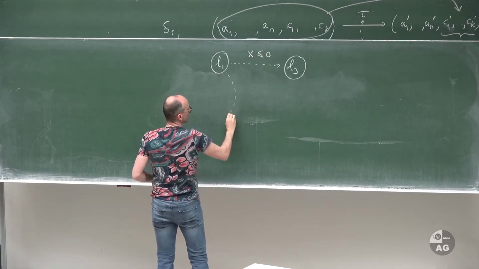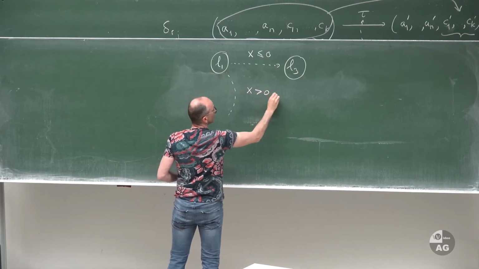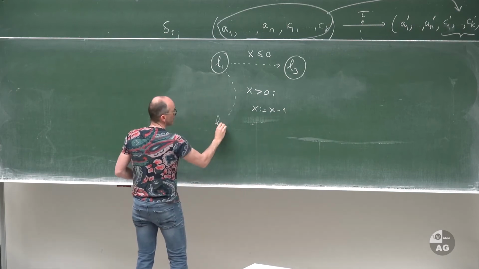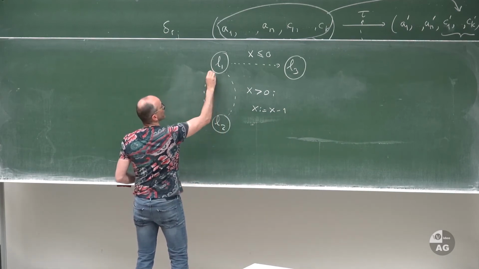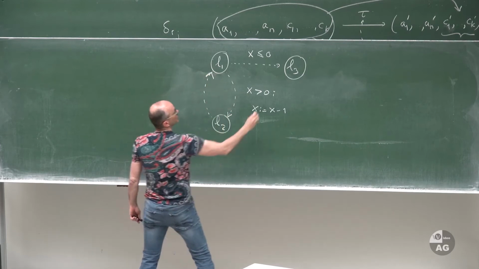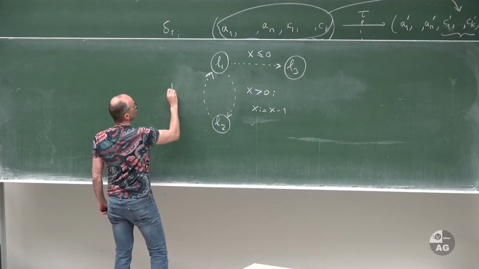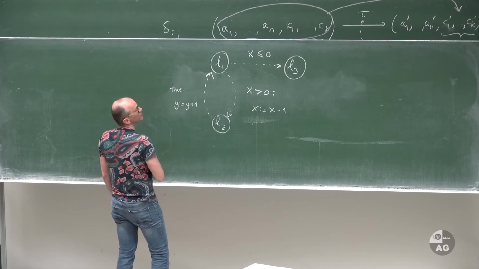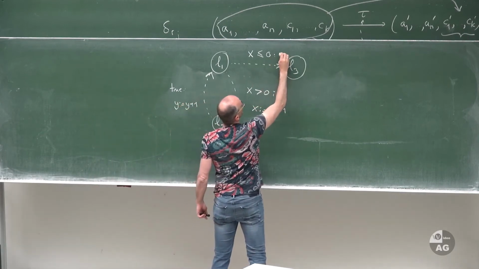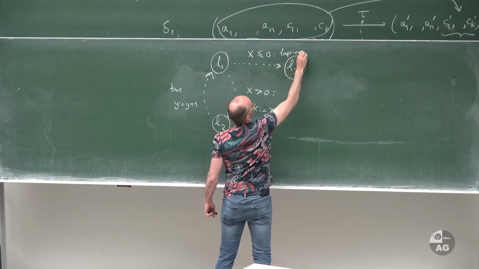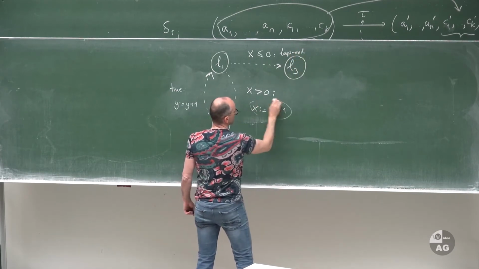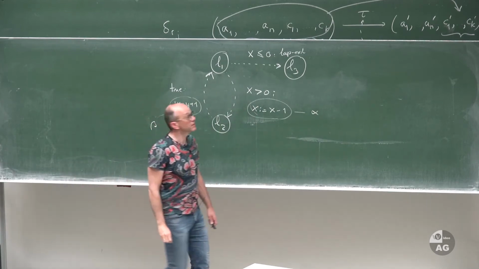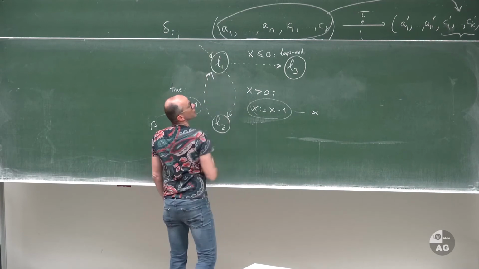Here we had an edge that says if x is larger than 0, then we do x becomes x minus 1, and you get to L2. And in L2 we had an edge that went here. And here we said true, basically, and then we do y becomes y plus 1. And here we basically said something like loop exit. This was called alpha, this action was called beta. So this was the initial location.